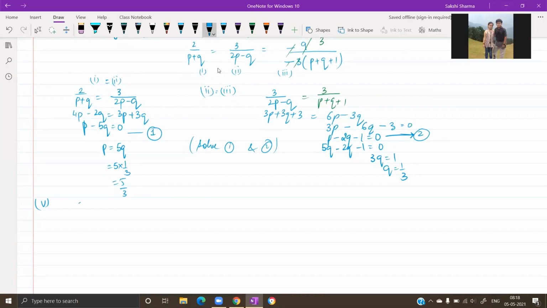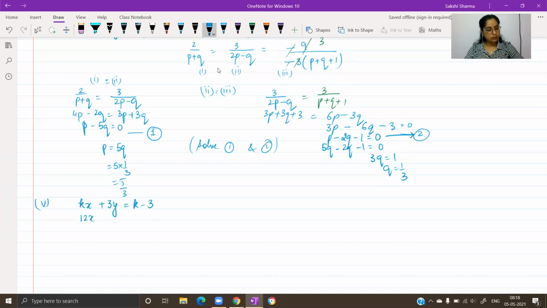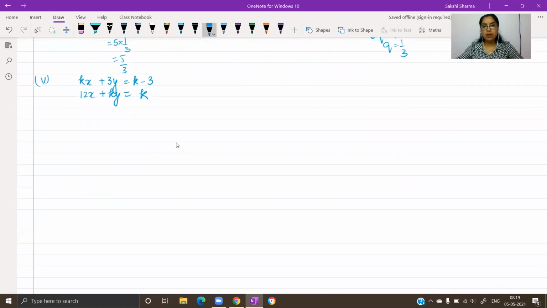So the pair of equations given to us in the last part are kx plus 3y equals to k minus 3. And the second one is 12x plus ky equals to k. Let us first convert these into standard form and apply the condition for this pair to have no solution. Kx plus 3y minus k minus 3 equals to 0, and 12x plus ky minus k equals to 0.